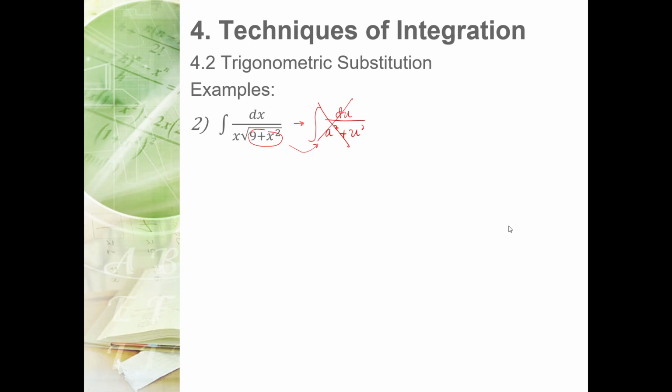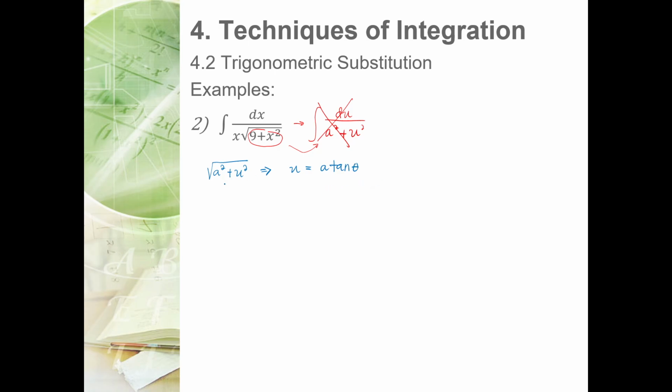Since we cannot utilize the inverse trig, we're going to use trigonometric substitution. As per the formula, this is the square root of a squared plus u squared, which is equivalent to u equals a tangent theta.